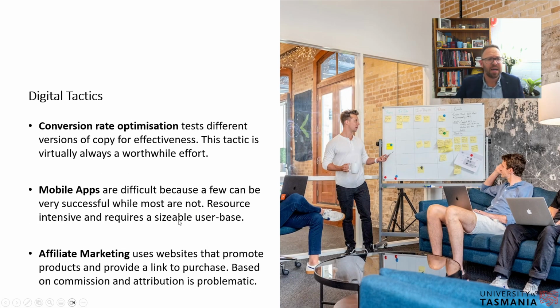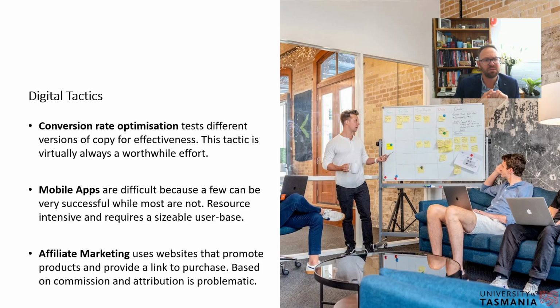All right, let's look at digital tactics now. First, conversion rate optimization. Remember, tactics are the things that we do to achieve objectives. We're not working out what objectives to get, that's done in strategy. But it's the day-to-day things that we do on our way to achieving those objectives, and it comes by practice and training, right?